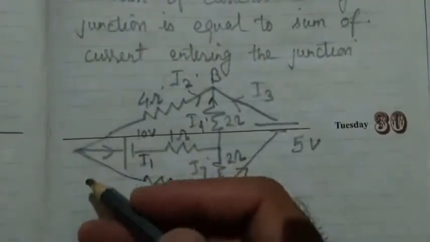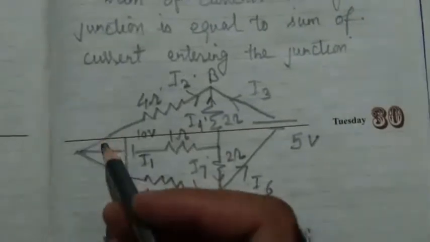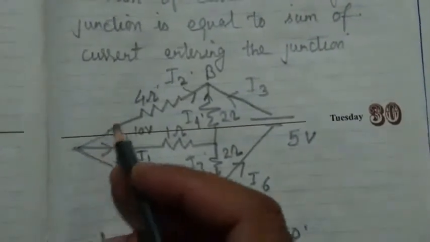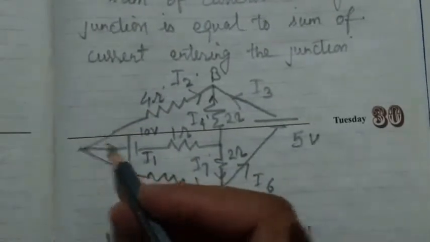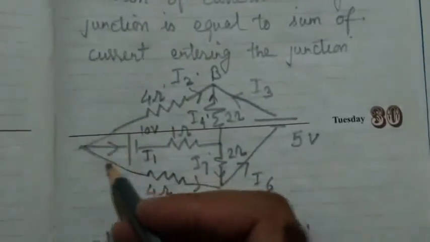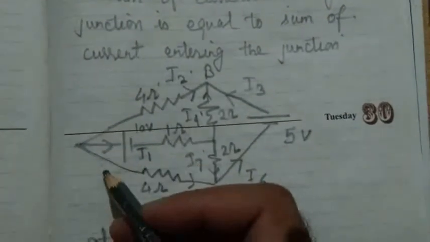This is a very common sense type theorem. If 1 liter of water is coming from this pipe, then the water leaving from these pipes will add up to the same 1 liter.